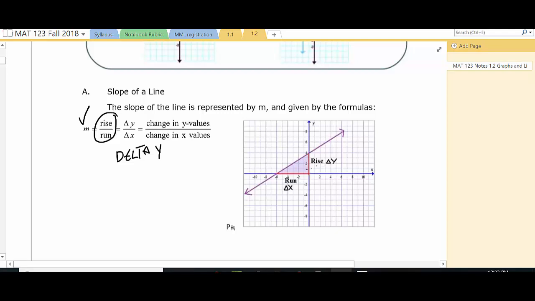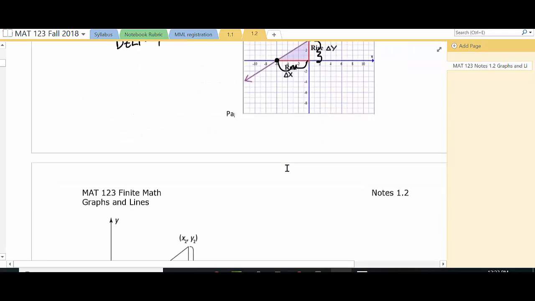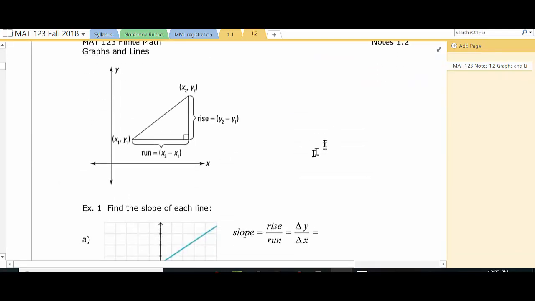So if you look at this diagram, if you were going from this point to this point, this is your rise. That's the y values, how far apart they are. This part right here is the run. That's how far apart the x's are. So it's a ratio of rise to run. Does everybody understand that? A lot of you had it in your background, some of you don't. So I'm just going for assuming that I got plenty of students who don't know much about this.